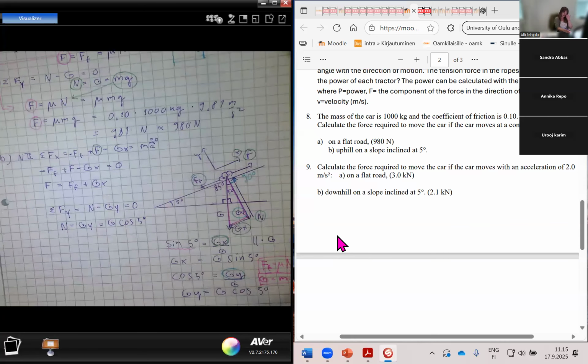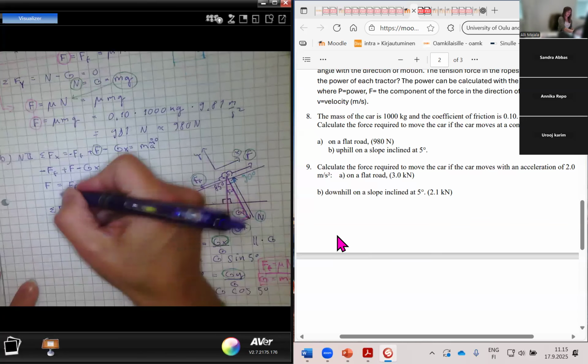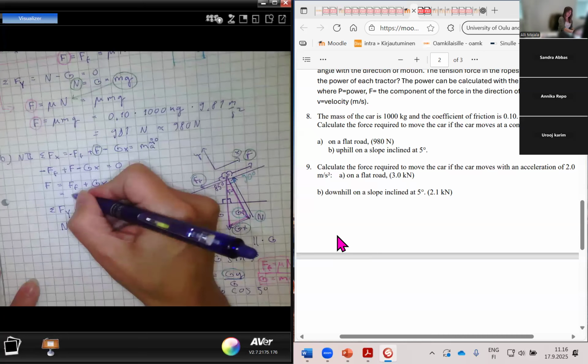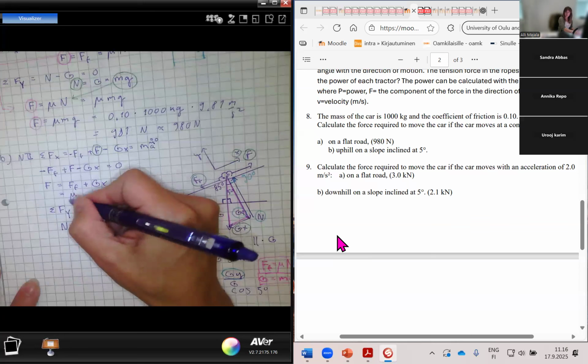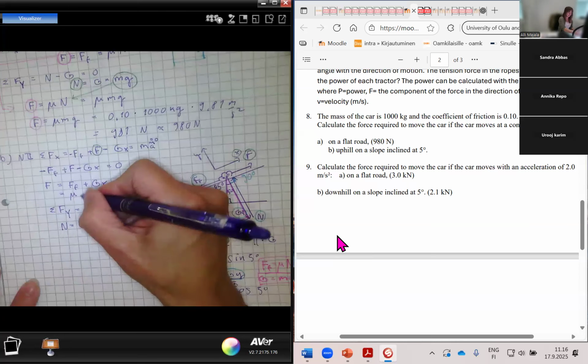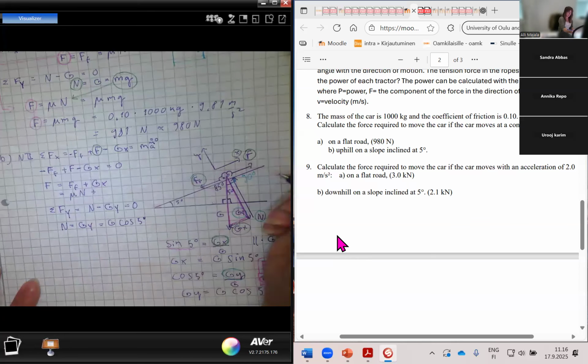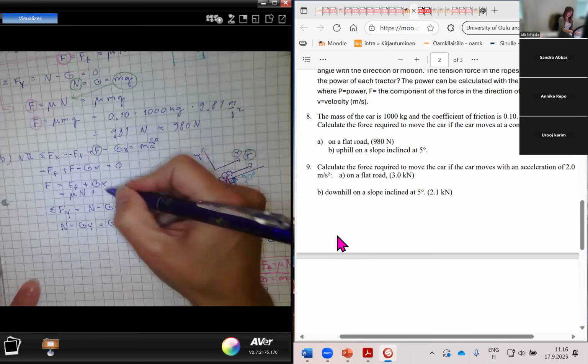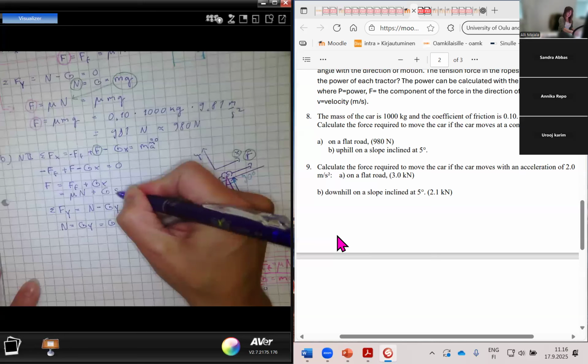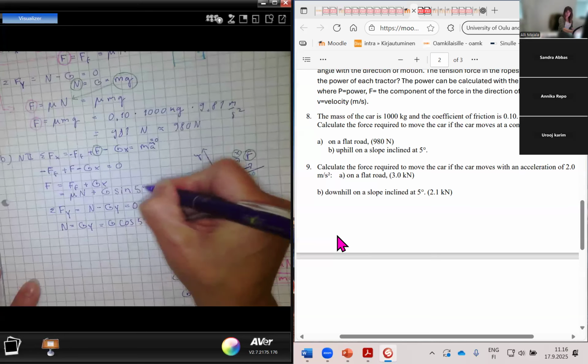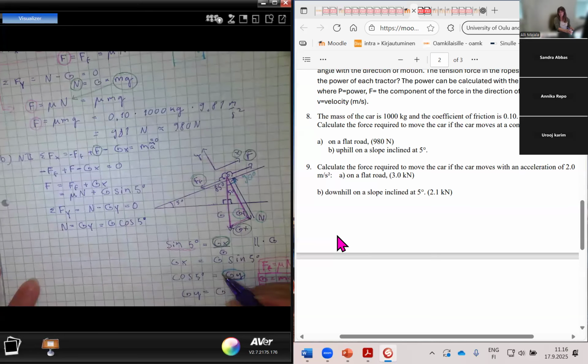That we actually already know. And what we already know is also that the friction is this friction factor times normal force. And then the Gx was G sin 5 degrees.